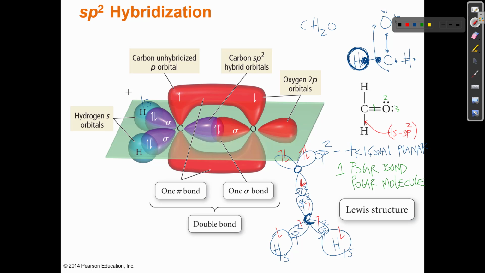This is valence bond theory that we're looking at here. Valence bond theory talks about what orbital the electrons are in, and how they overlap. This orbital here overlaps with this orbital here, so the electrons spend their time in the middle, and that's what creates the bond between the carbon and the oxygen.